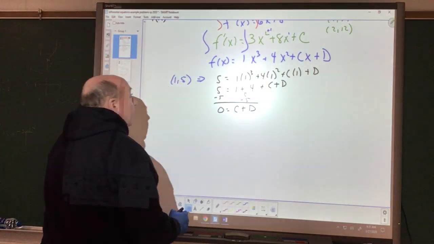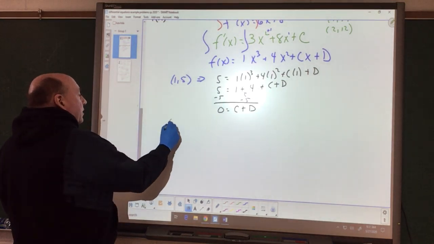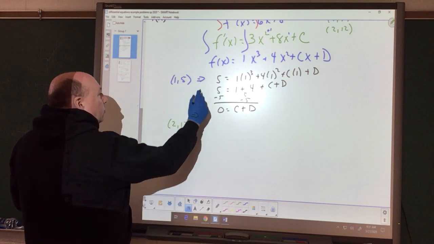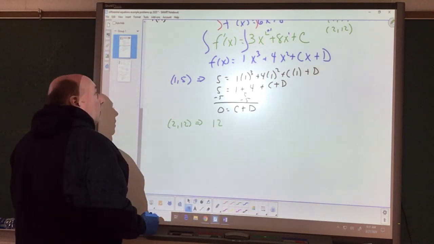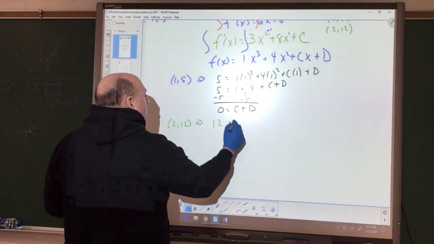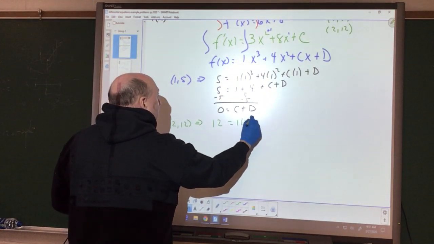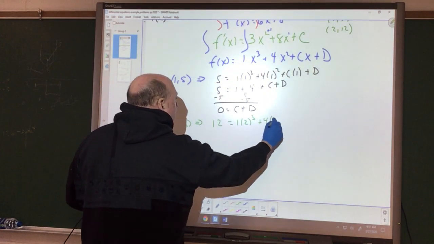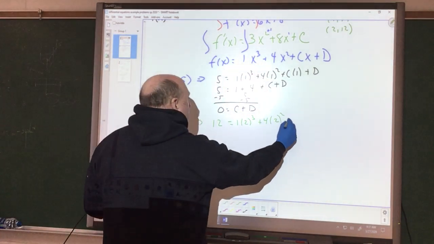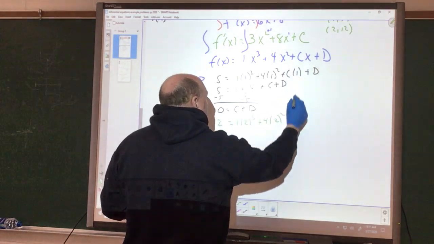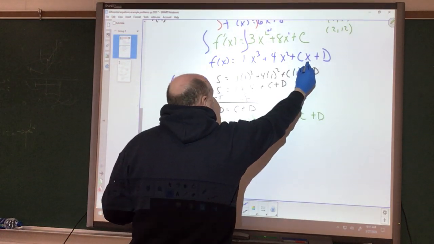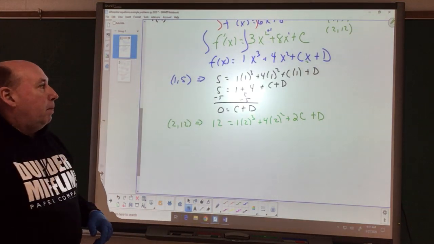So if we take a look at our second ordered pair, which is (2, 12), this would give me 12 equals, let's see here, 1 times 2 cubed plus 4 times 2 squared plus 2c plus d, because I have put a value of 2 in there now.